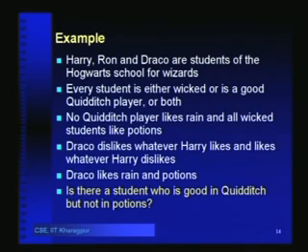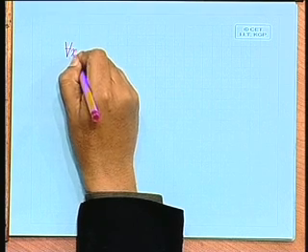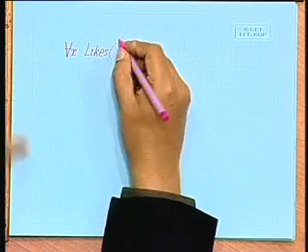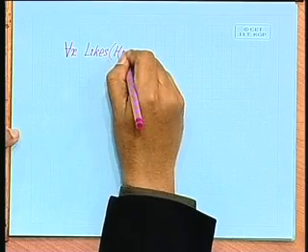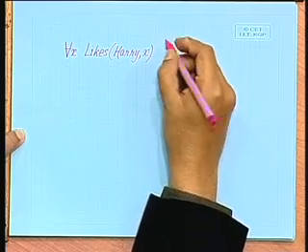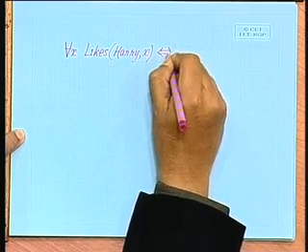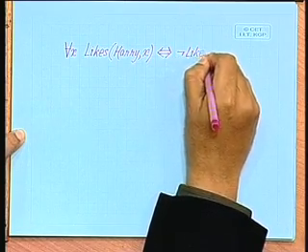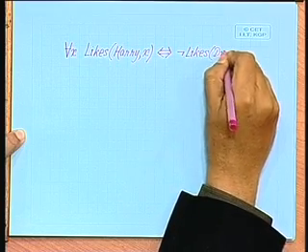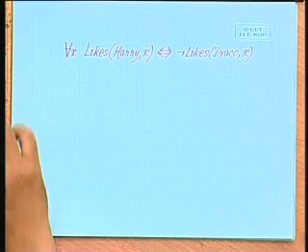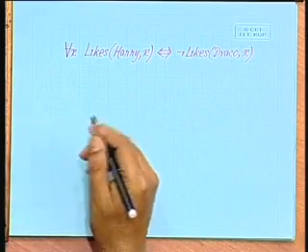So this is going to be like for all x, and in clause form we will have again two clauses.